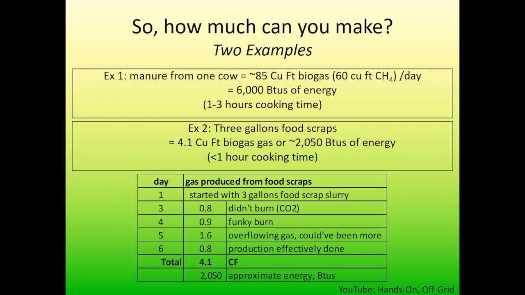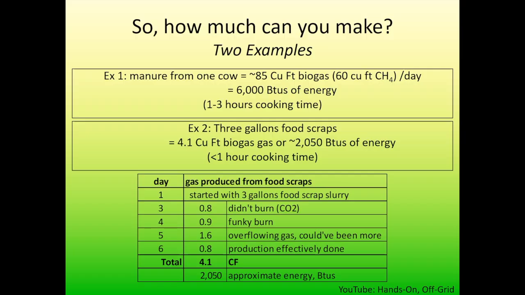Here are 2 examples of gas production figures. The first example shows how much an average cow can produce each day if you could capture all of its manure. The second is an example from my 50-gallon digester project. This test was performed on an actively producing digester that I let go dormant for a couple of weeks and then restarted.